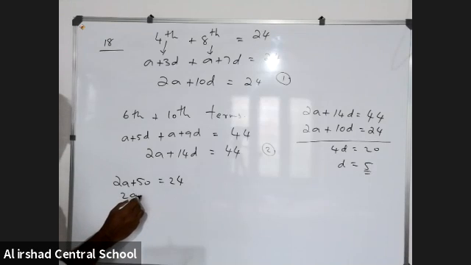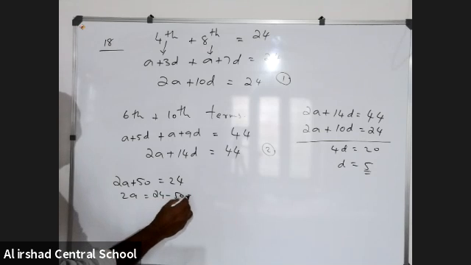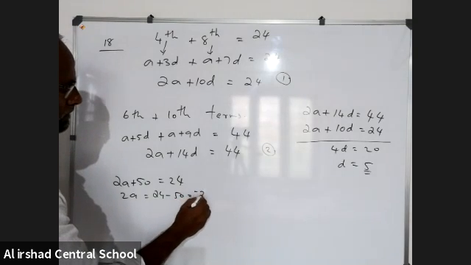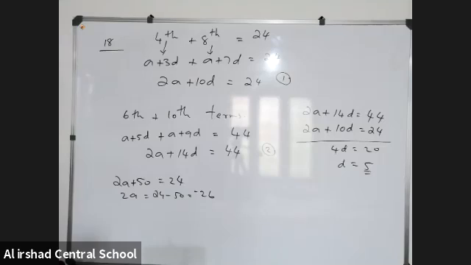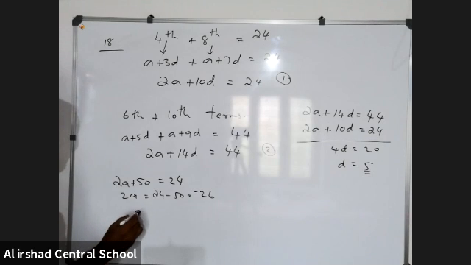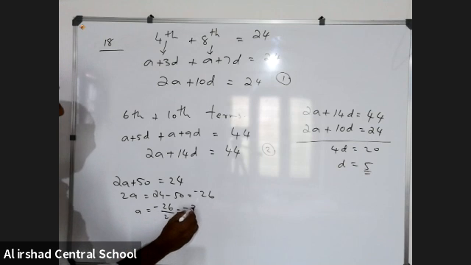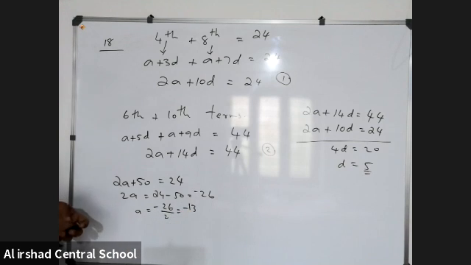So 2A is equal to 24 minus 50, that means minus 26. So A is equal to minus 26 by 2, that means minus 13. D is equal to 5 and A is equal to minus 13.